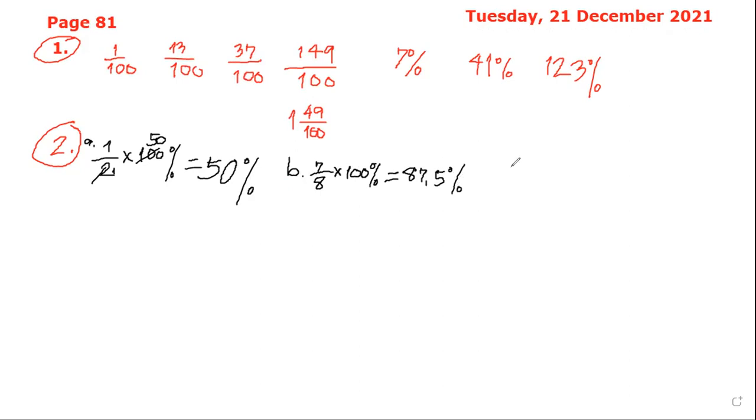Letter C, Muta, what is the answer? 5 and 2 over 5. Muta, do you have now the answer? Convert into an improper fraction. So that is 27 over 5.